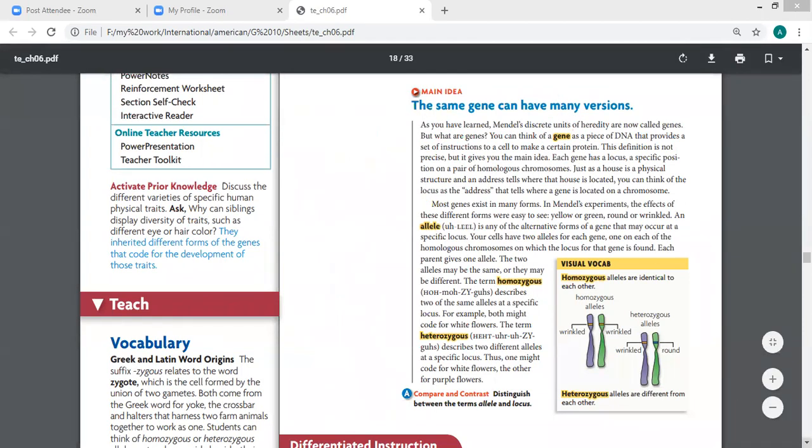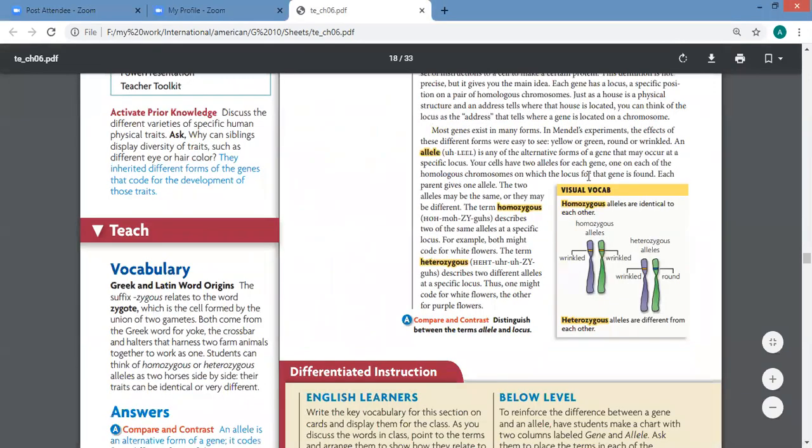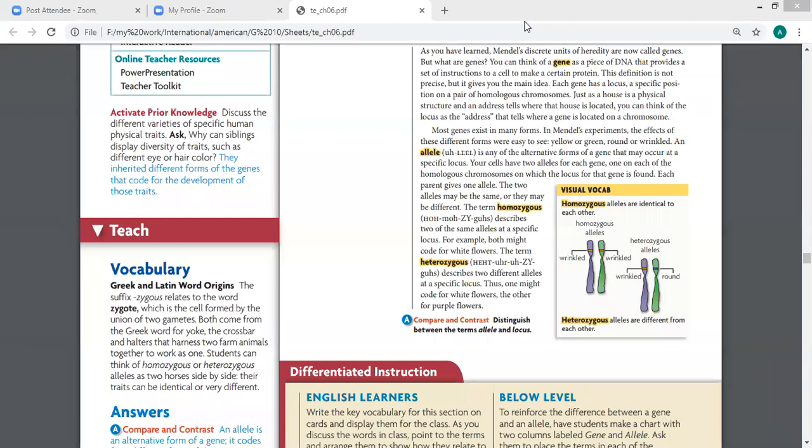So what is the meaning of allele? Allele means that any gene inside your DNA has two forms, like the Coca-Cola can.